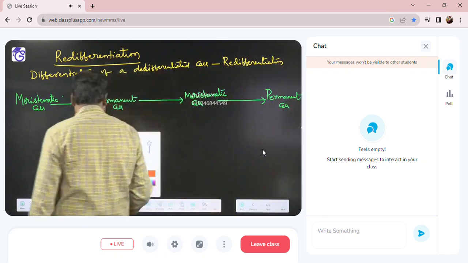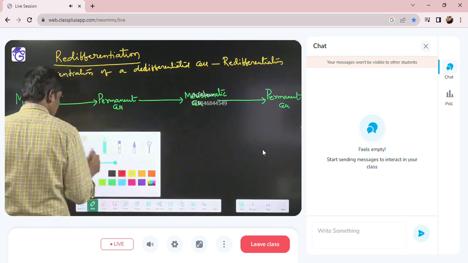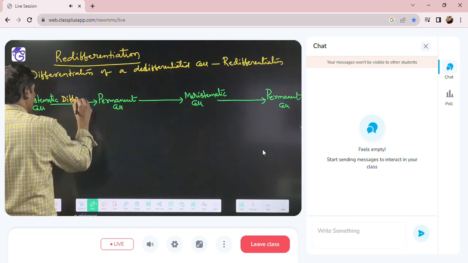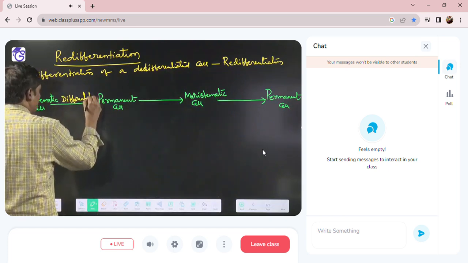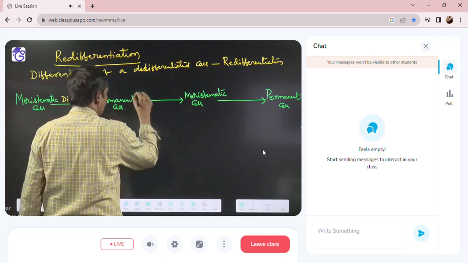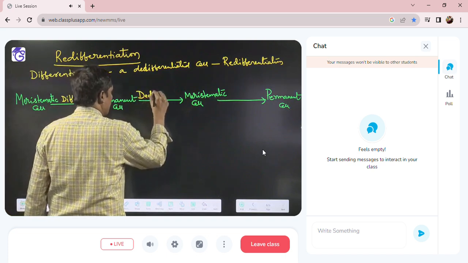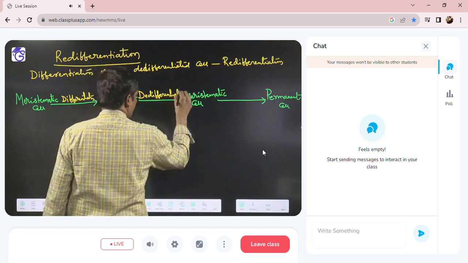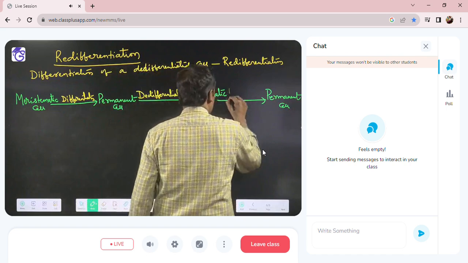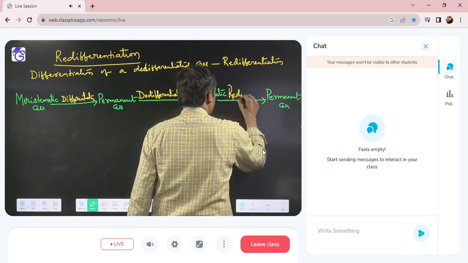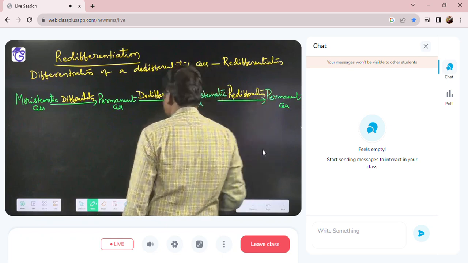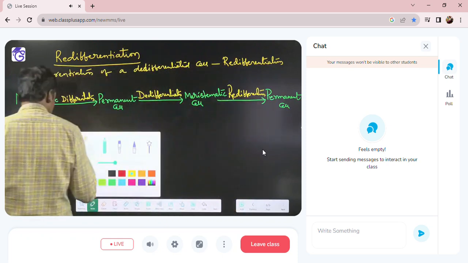The first process is called differentiation. The second process is called dedifferentiation. Third one is called redifferentiation. Students, this is very, very important.